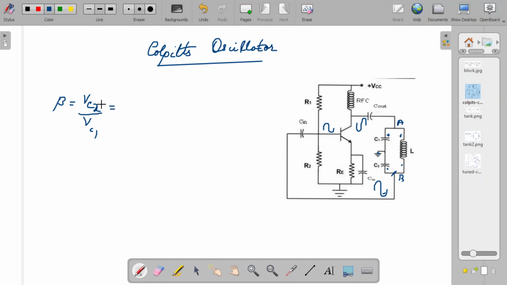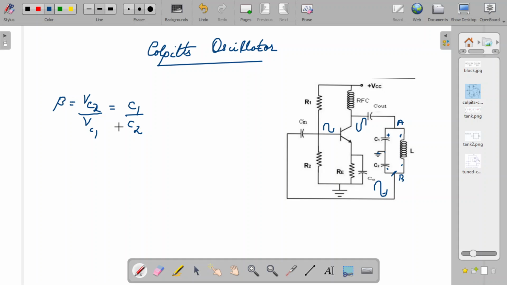So beta is inversely proportional to C2 and directly proportional to C1, since VC2 is inversely proportional to C2. That is how beta becomes dependent upon C1 by C2. So this is something which is very important.